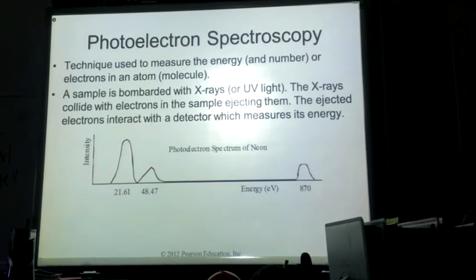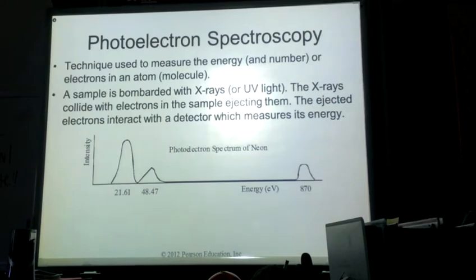So if we think about the electron configuration for neon, we know that that's 1s2, 2s2, 2p6, okay? If I'm looking here, each peak is going to represent one of those particular orbitals. So we had 1s2, 2s2, 2p6.